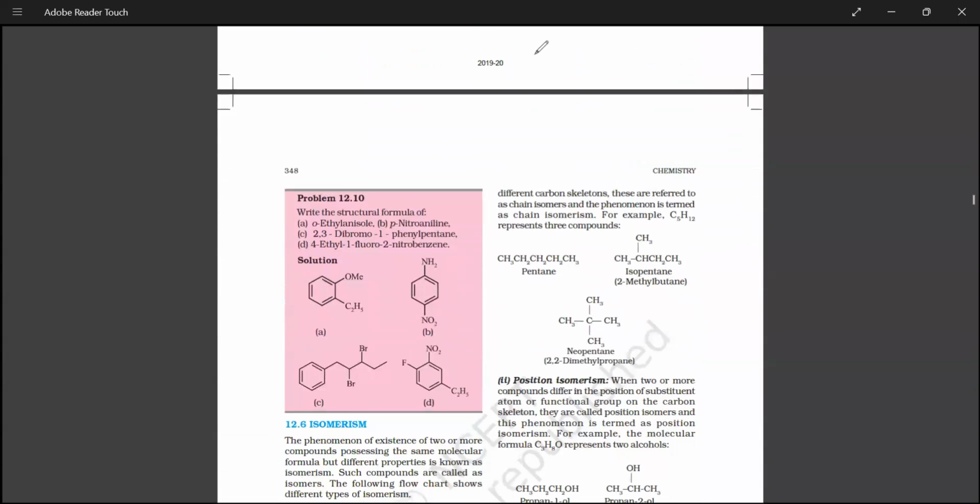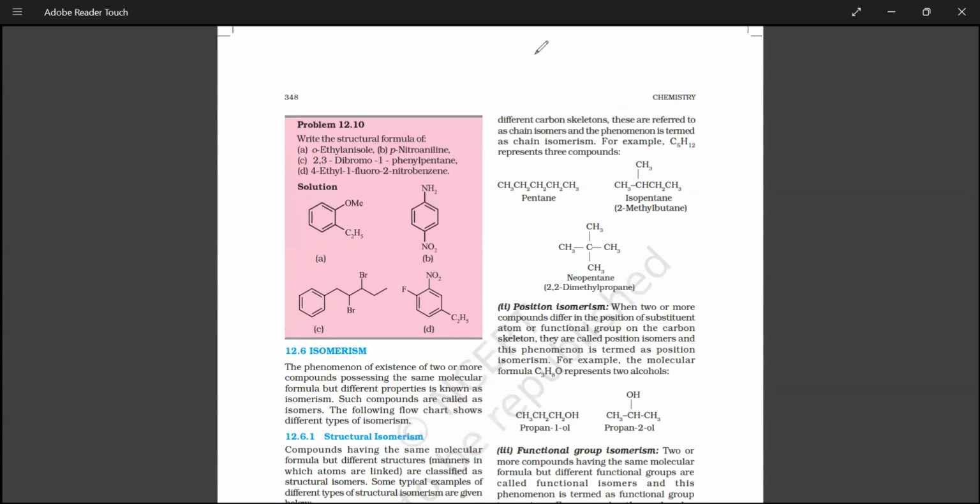Now what next is, see here, 1, 2. So 2-ethylanisole, or orthoethylanisole. Now see, 1, 2, 3, 4. On fourth, nitro is there, that is para nitro. What rest is aniline.